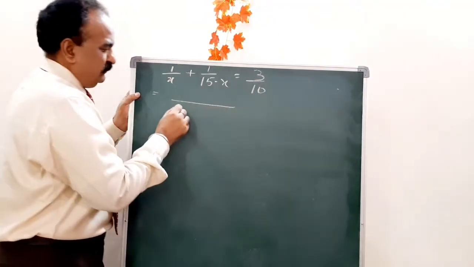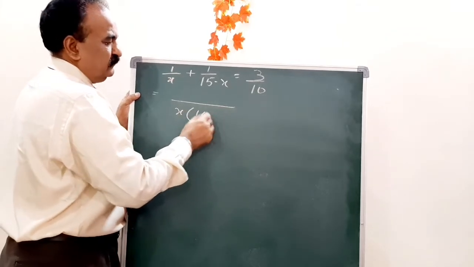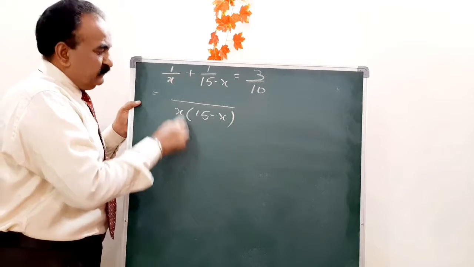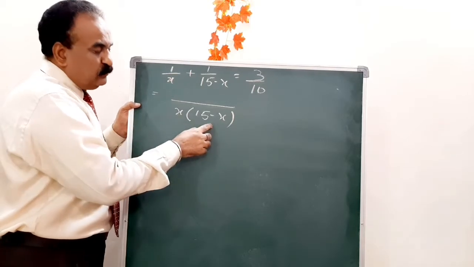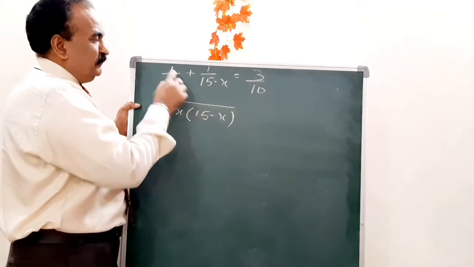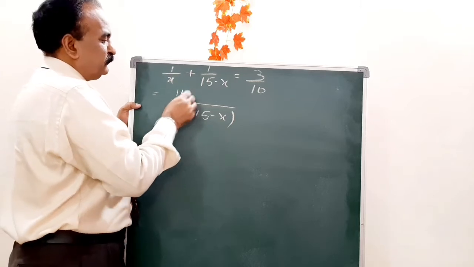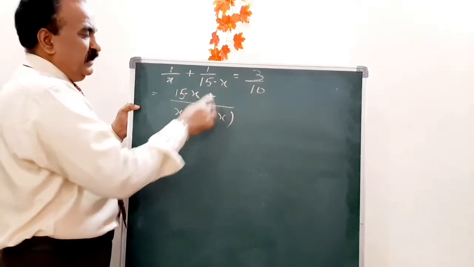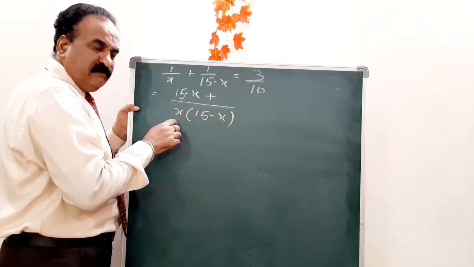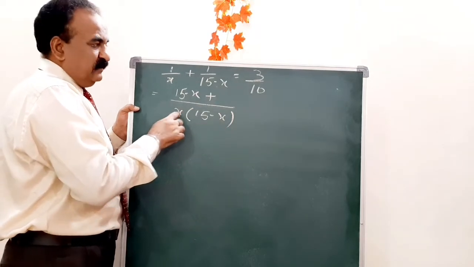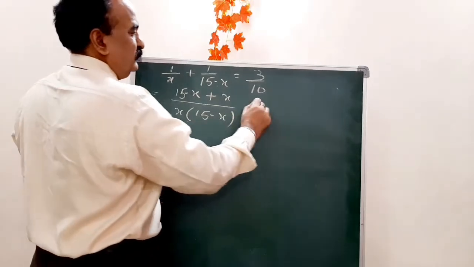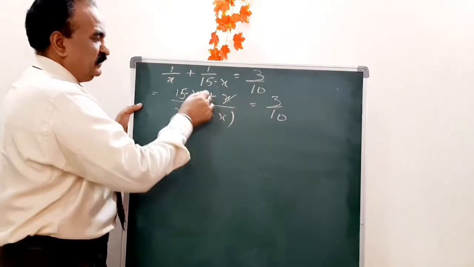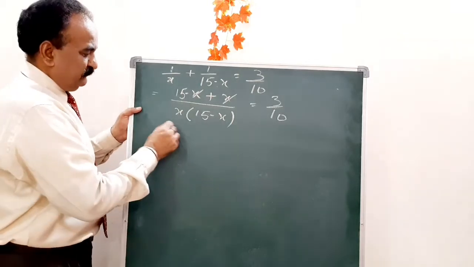LCM will be x into bracket 15 minus x. Now when you divide this, then x will get cancelled. You will get 15 minus x. So 15 minus x into 1 means 15 minus x plus, divide this LCM, you will get x. x into 1, x is equal to 3 by 10. Plus x minus x cancel.